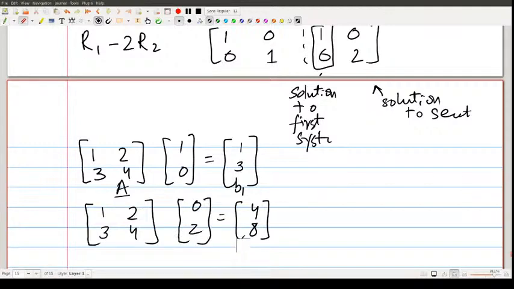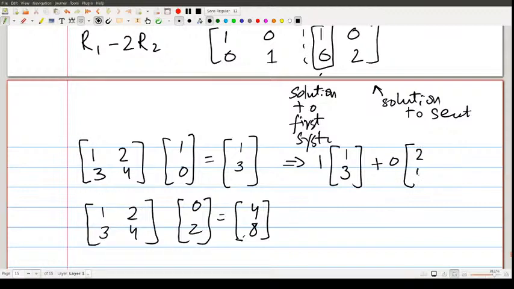And again, you can immediately verify this because this was a very easy system. I made it deliberately to get a nice little answer, because if you view this in the column view, it's just telling me that I take 1 times the first column plus 0 times the second column.